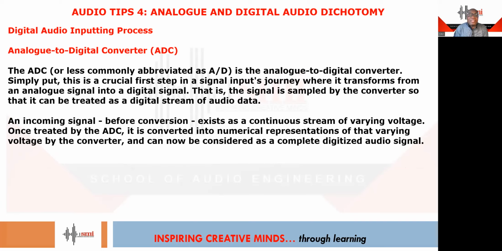Once treated by the ADC, it is converted into a numerical representation of that varying voltage by the converter. We are talking about an analog signal here, and it cannot be considered a complete digitized audio signal. So you will understand that most of the time, digital devices struggle to get quality signal input, while analog is just as simple as a representation of the original.